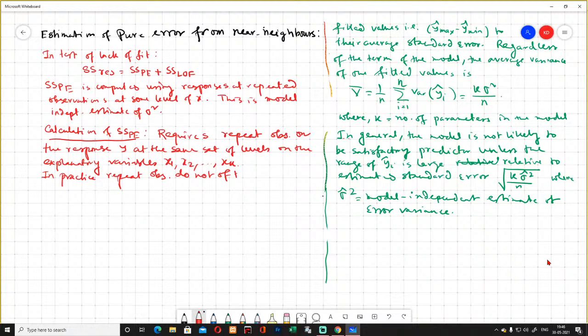Not okay, because your regression coefficient is significant. Thank you, Subhrajit, for rightly pointing out this thing. Please rectify this.